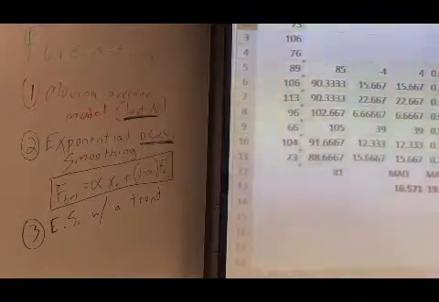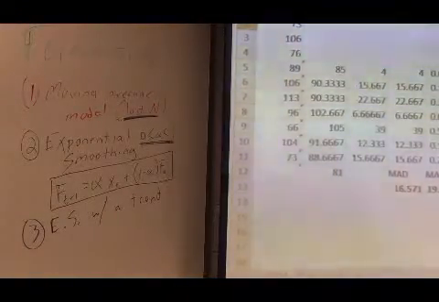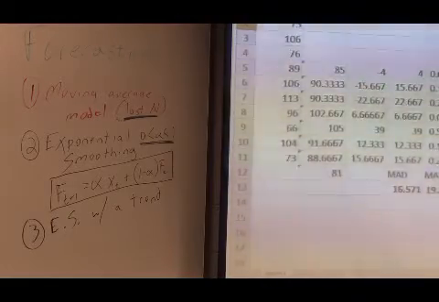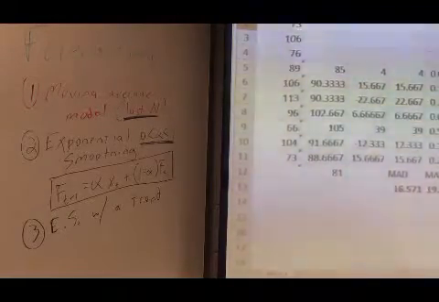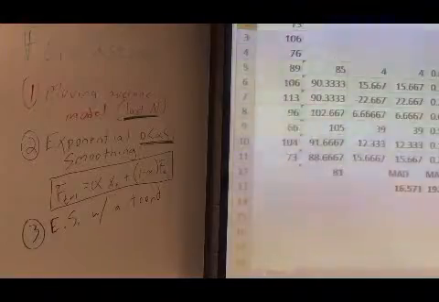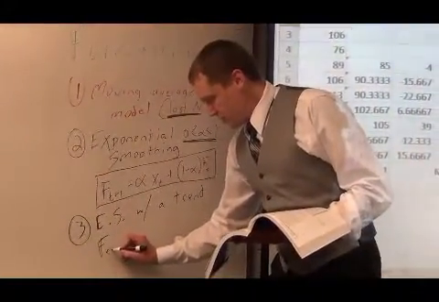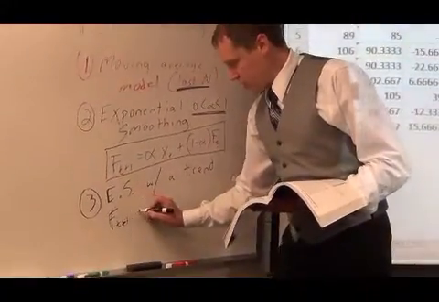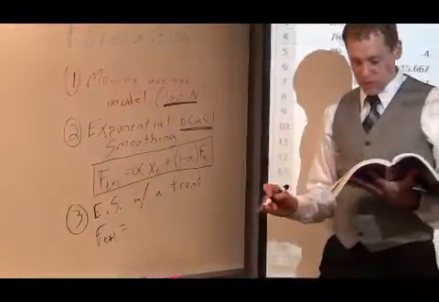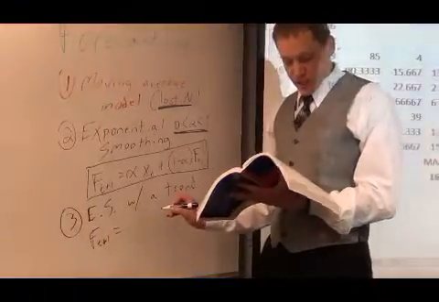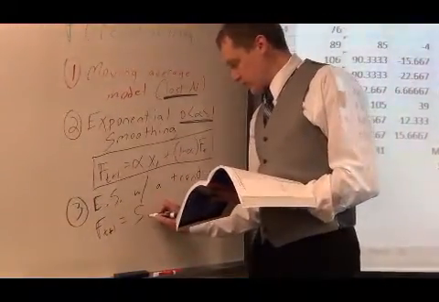Okay? So I want to make sure I write this down. Let me look it up. So our future prediction, forecast, for time t plus 1 is going to be the addition of two things.